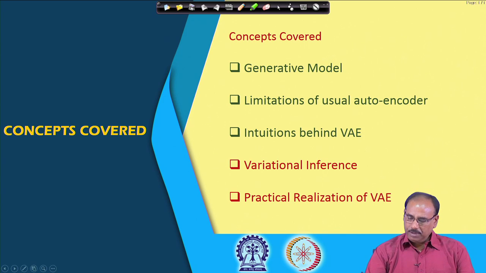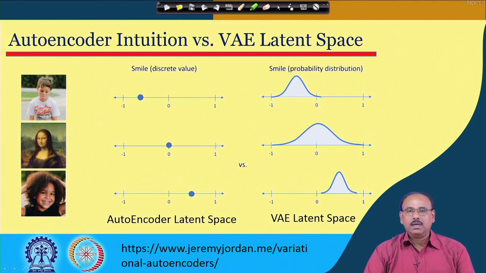Let us briefly recapitulate what we did in our previous lecture. This diagram shows how the latent variable is generated by a traditional autoencoder and a variational autoencoder.